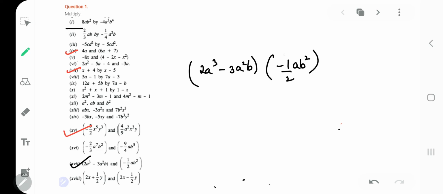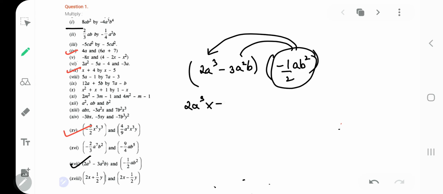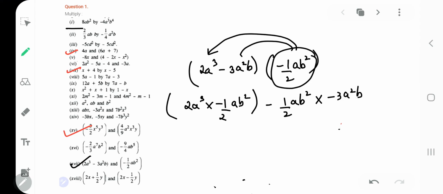You have to multiply this half ab square with this also, so 2a cube into minus 1 upon 2 ab square. Again you have minus 1 upon 2 ab square multiplied with minus 3a square b. Got the point clear?